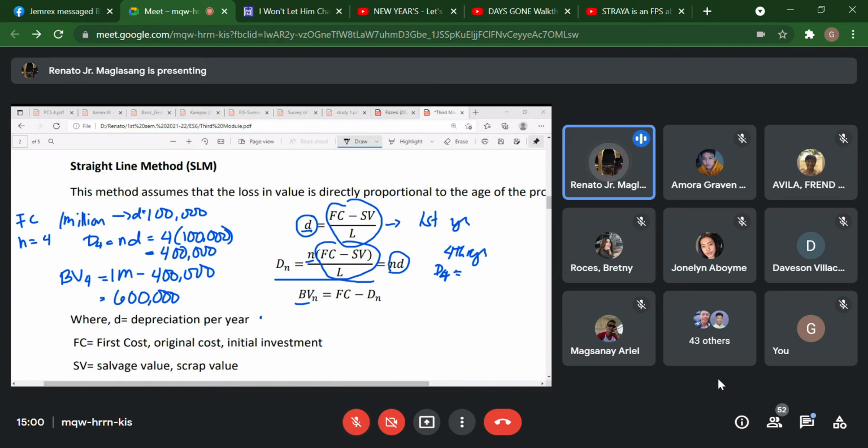The coverage is from the beginning until depreciation. So let's start at 3:30 p.m. and end at 4:30 p.m. or so. Then the remaining 10 to 20 minutes will be for the submission of the exam. So again, the coverage is from the beginning until here, depreciation.